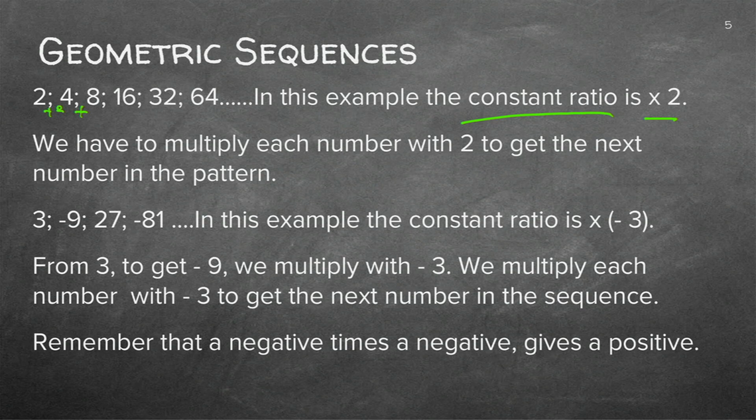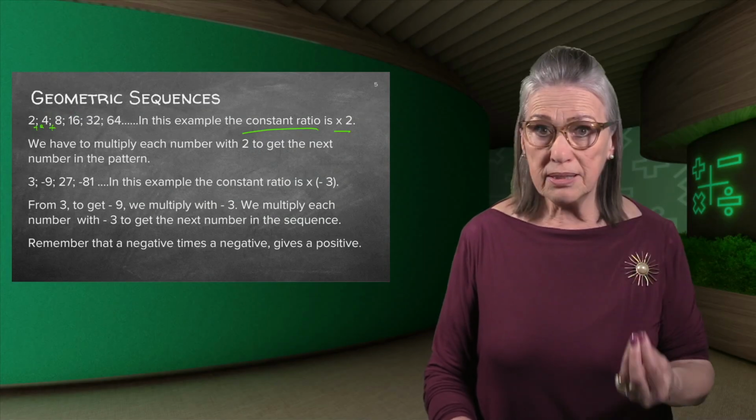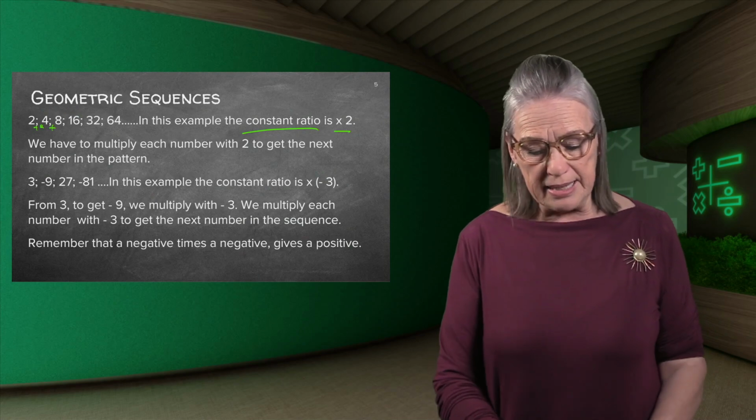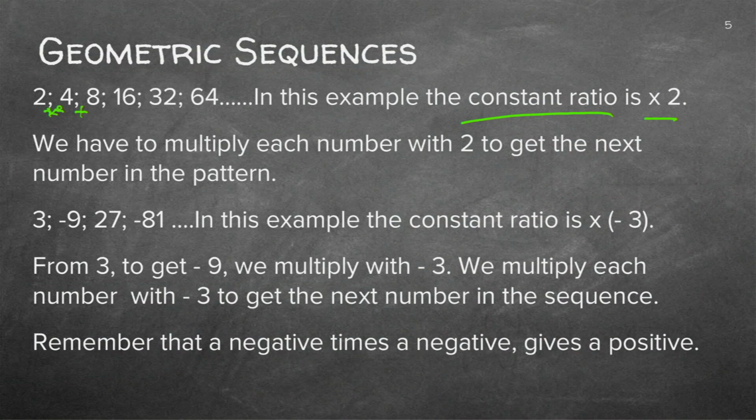So now we know that it's not a numeric sequence. We know we either have to multiply or divide. So times 2 will give us 4, times 2 will give us 8, times 2 will give us 16, so now we know our sequence. We have to multiply each number by 2 to get to the next number in the pattern.